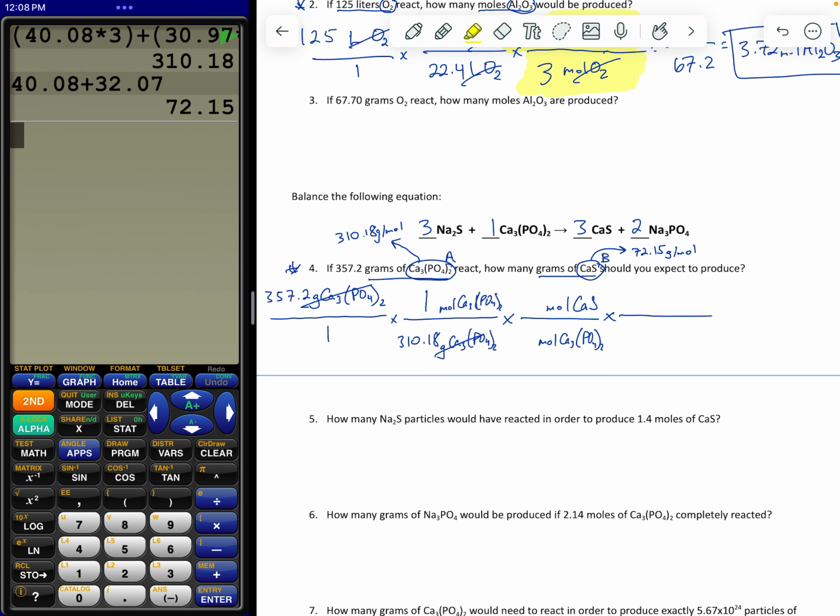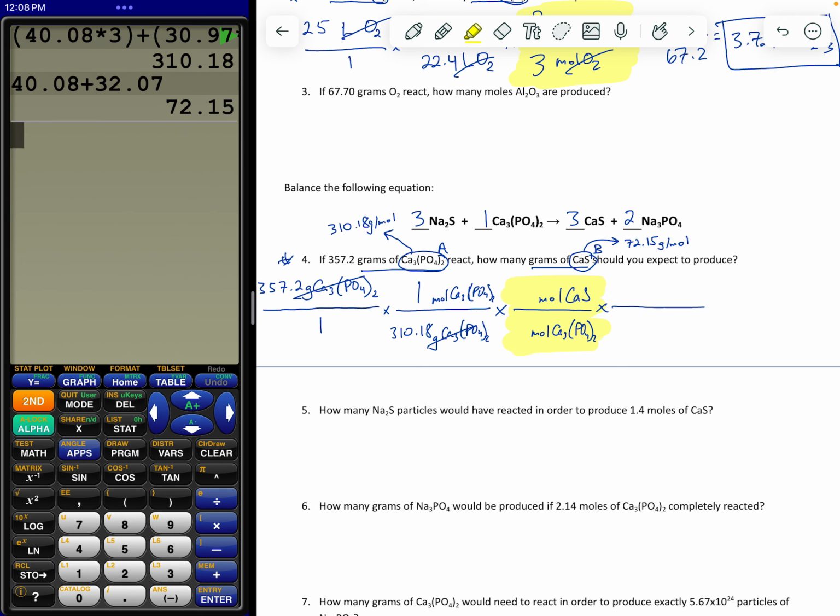This is our step where we go A to B. And then we go 1 mole based on my balanced equation to 3 moles of calcium sulfide based on my balanced equation. And the last step would be moles of calcium sulfide to grams of calcium sulfide, and this is where I would use the other molar mass. So 1 mole is equal to 72.15 grams of that. And then you're going to simplify.